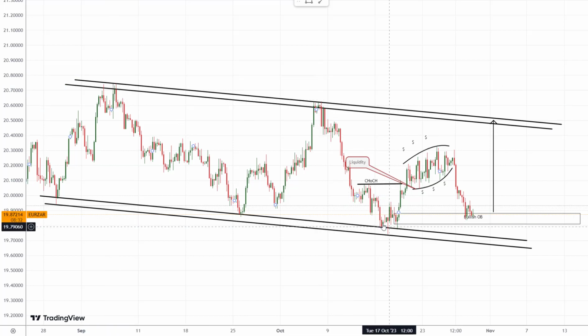Now this was the first opportunity of taking a long position in such a trading scenario. If you remember, I explained while showing you the diagram that the only opportunity to take a long position in a channel is from the third bounce.